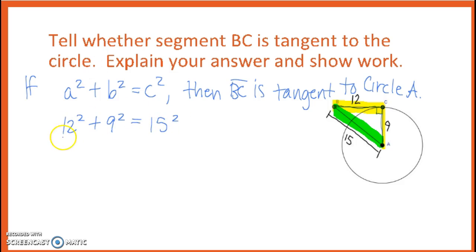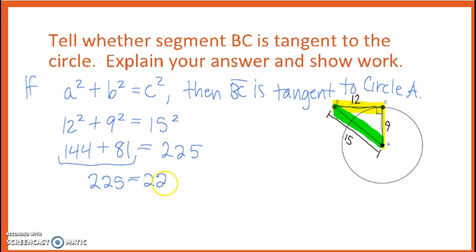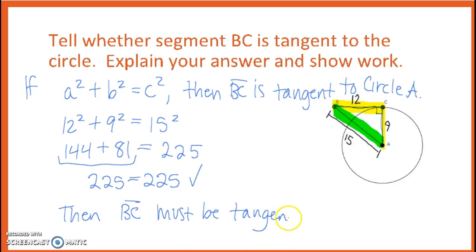If I simplify this, 12 squared is 144, 9 squared is 81, and 15 squared is 225. When I simplify the left side, 144 plus 81 does give us 225. So since this equation is true, we can conclude that BC must be tangent to circle A.